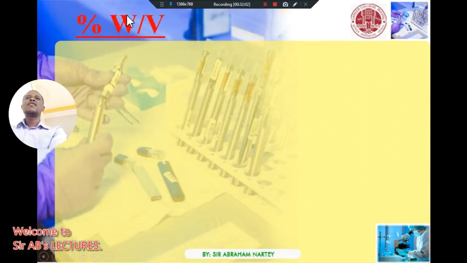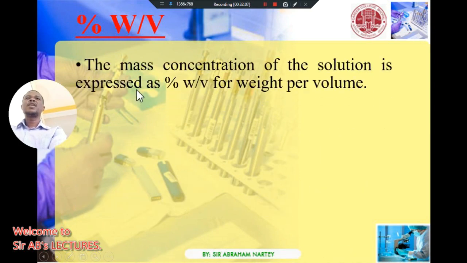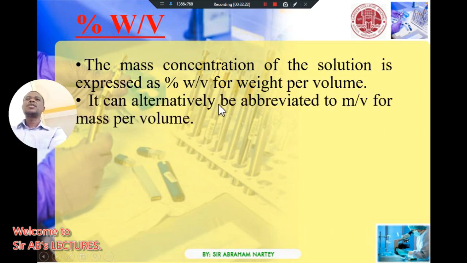Then finally, we have percentage weight per volume. So this is mass concentration, if weight is the same as mass. The mass concentration of the solution is expressed as percentage weight per volume, or it can alternatively be abbreviated as mass per volume.